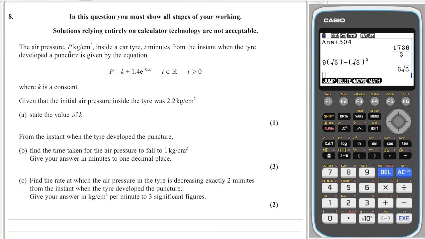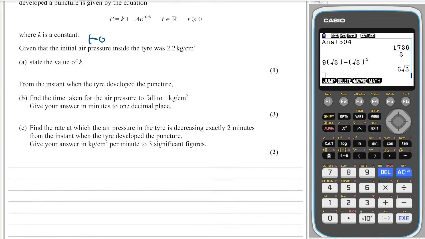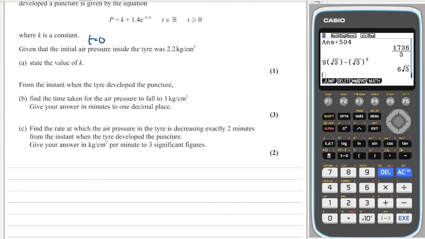Question 8. The air pressure P inside a car tyre t minutes after the instant when the tyre developed a puncture is given by this. K is a constant. Given the initial air pressure, so that's when t is equal to 0, we have 2.2. We just sub it into this equation and we can find k.